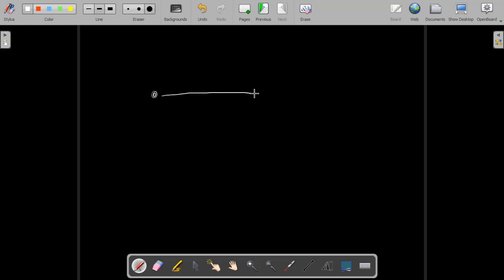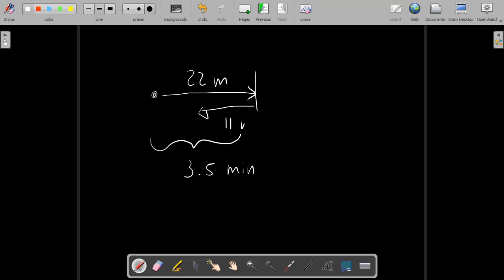I'm going towards the refrigerator. Here you go. And then I go back towards the playpen. The whole traveling took this infant 3.5 minutes. It says here, and if it does not say to give the answer in seconds, you can leave it in minutes. So there were 22 meters here to go towards the refrigerator, and then going back, there was another 11 meters that this infant traveled.